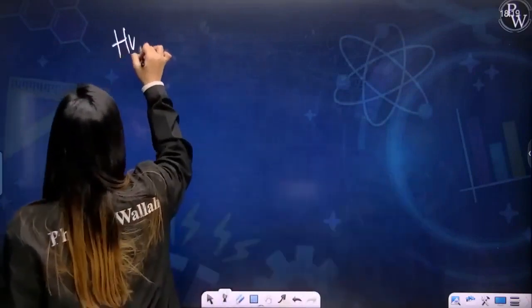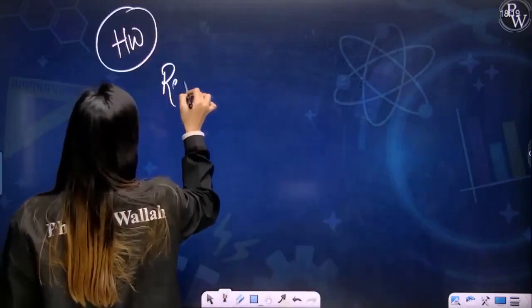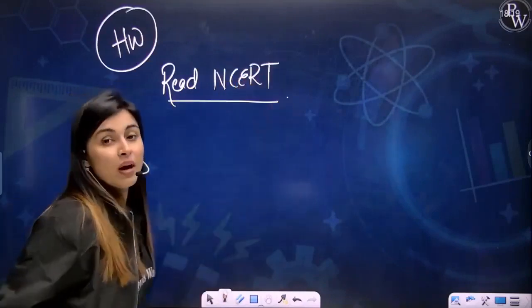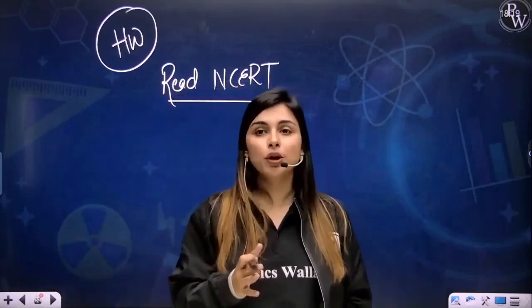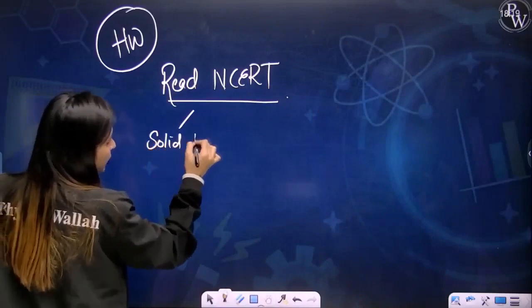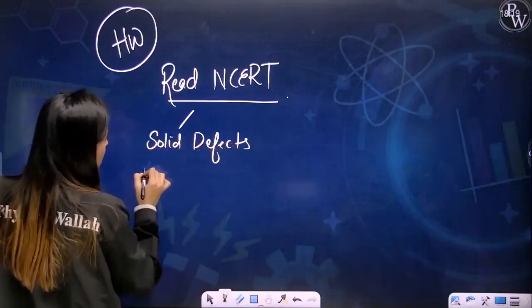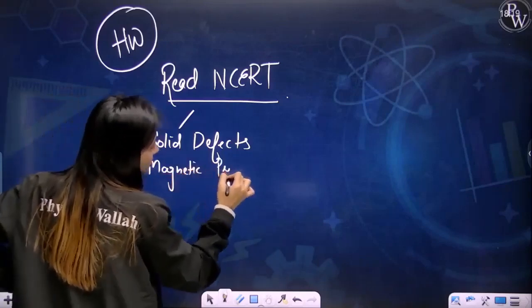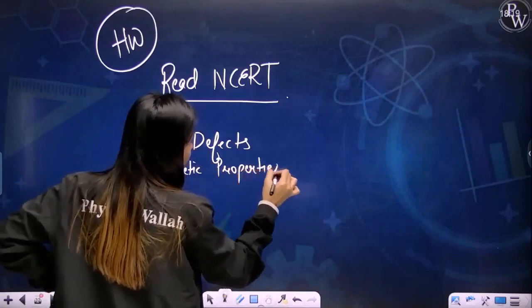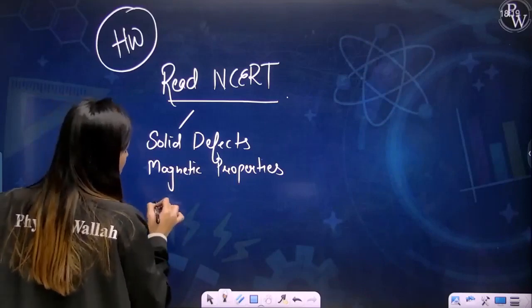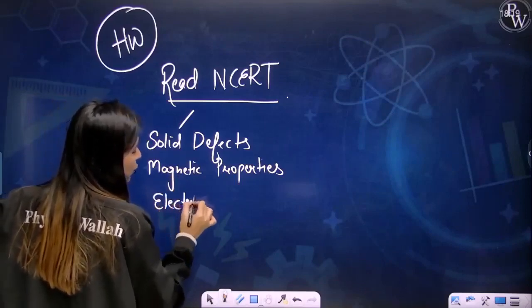With this, we have ended our session. You have a homework here, my dear students. You have to read the NCERT of this particular part. In fact, you will have to read NCERT of solid defects, magnetic properties, and what we did, yes, electrical properties as well.